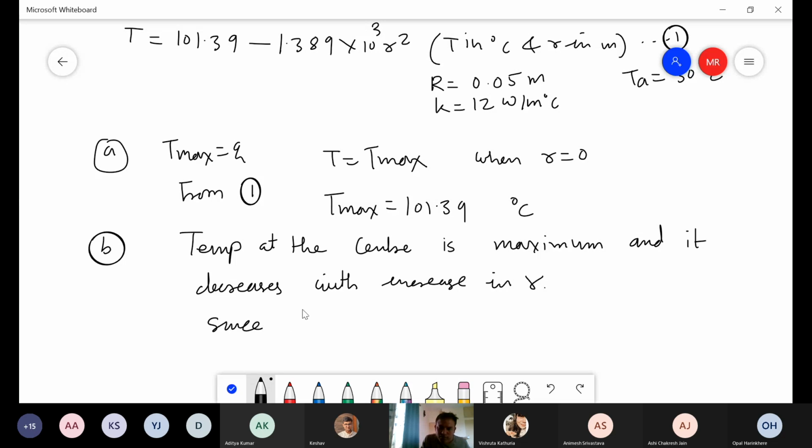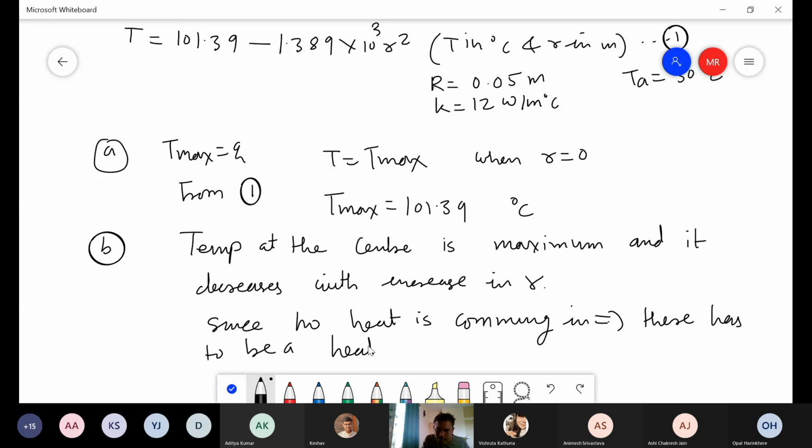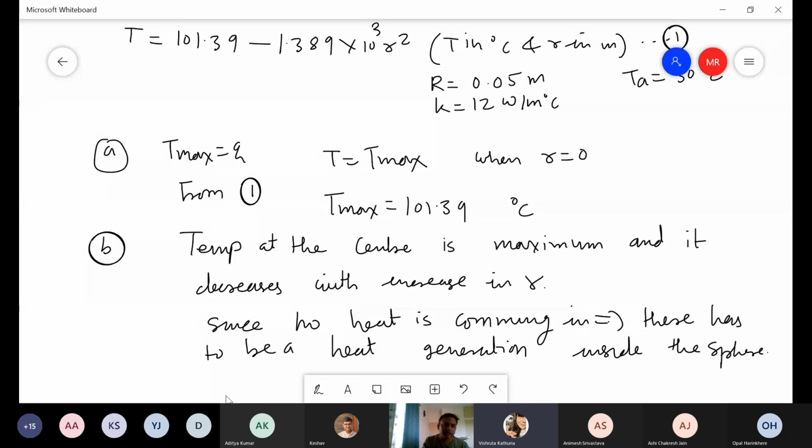Since no heat is coming in, there has to be heat generation inside the sphere. Okay, so clearly we can conclude that there should be heat generation inside the sphere. Correct. So, yes, please go ahead.